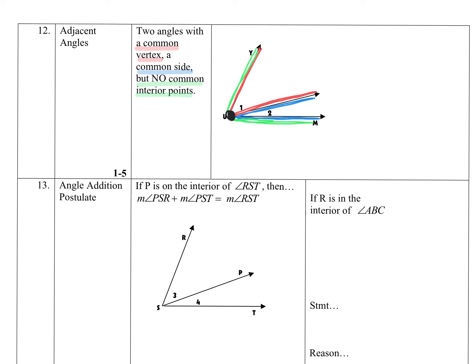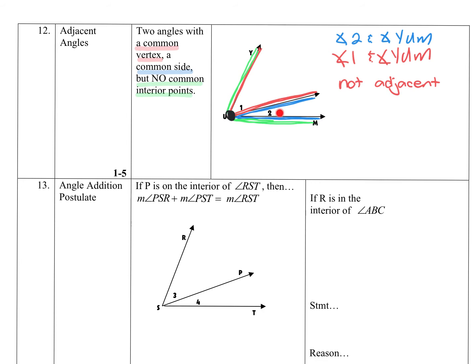So what we can say is that angle 1 and angle YUM, we have to name it with three letters here, those angles are not adjacent. We could also say the same thing about angle 2 and angle YUM. Those would also not be adjacent angles for the same reason.